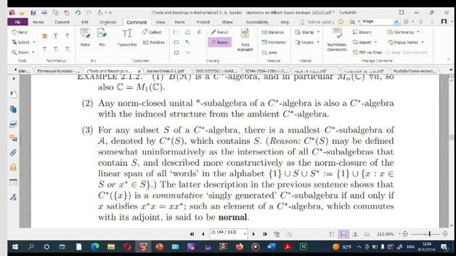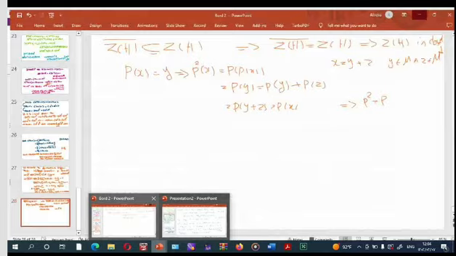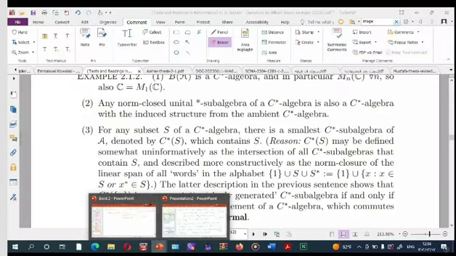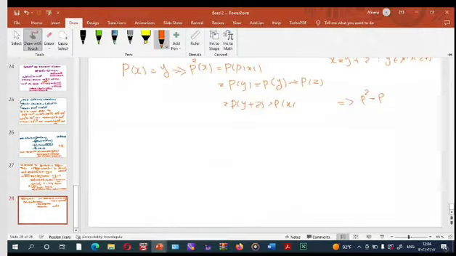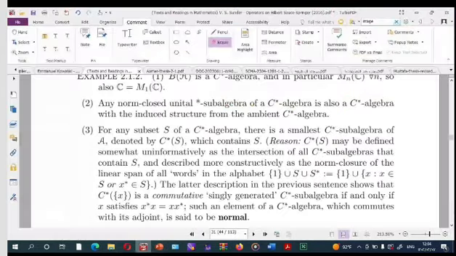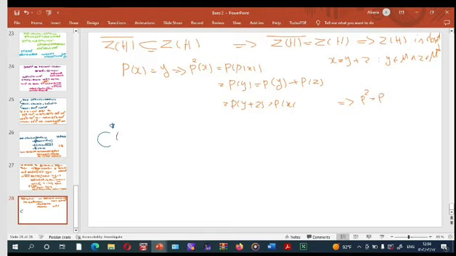You know this method, for example, the smallest sigma algebra generated by S, or other concepts. So C-star of S can be defined.